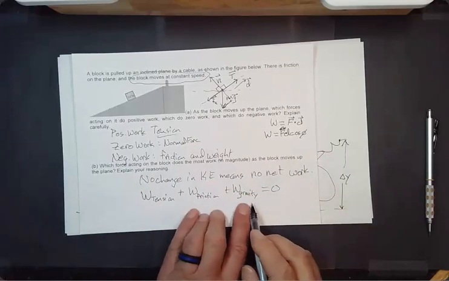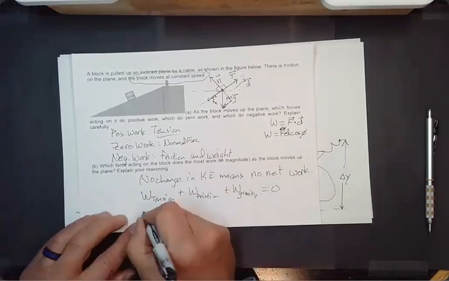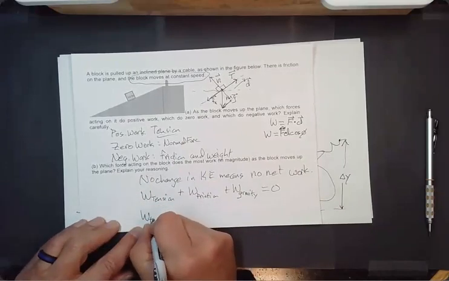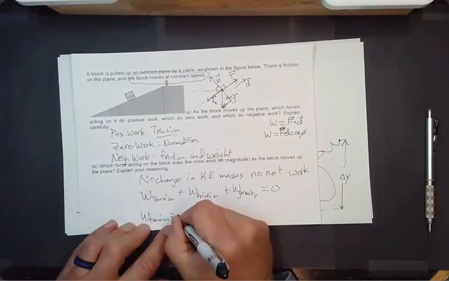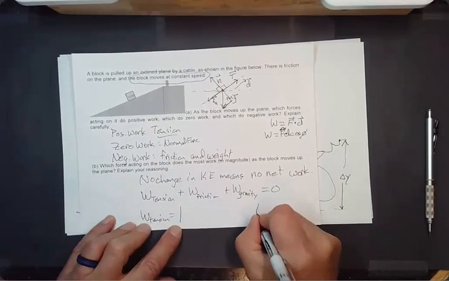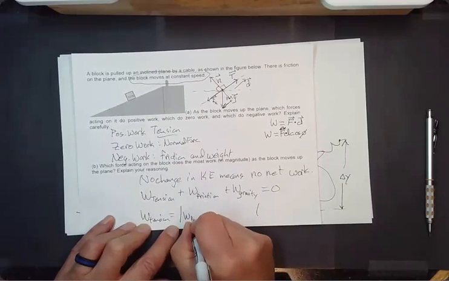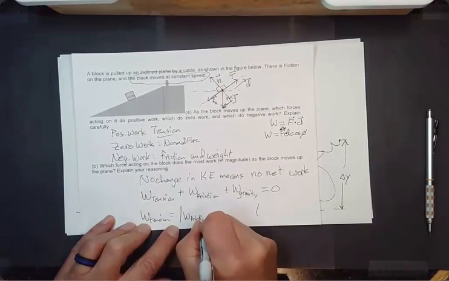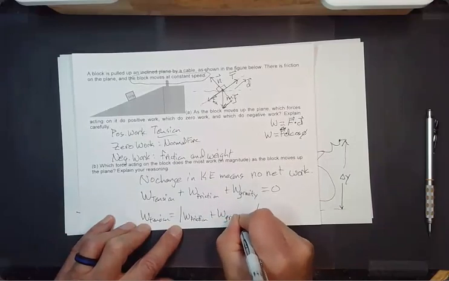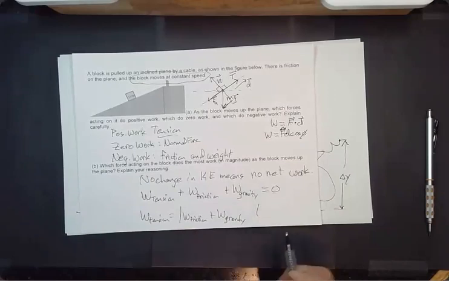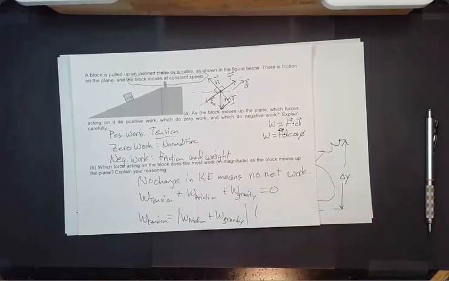Well, these two things are negative. Okay, so the work of the tension ends up being the absolute value of the work of the friction plus the work of gravity. So the tension in this case has to do the most work because it's got two forces that it has to overcome. The tension does.